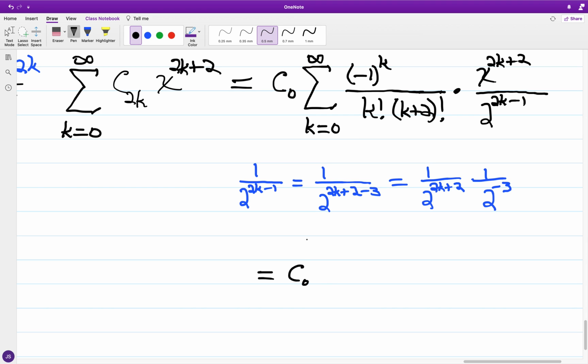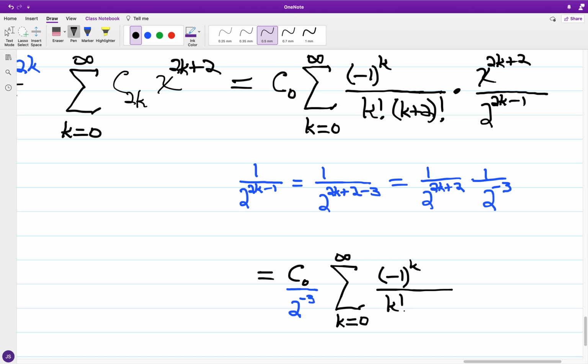so I have C naught, and I'll just say I have C naught over 2 to the negative 3, summation k equal to 0 to infinity. I have minus 1 to the k all over k factorial times k plus 2 factorial.